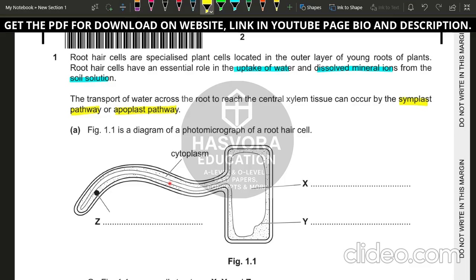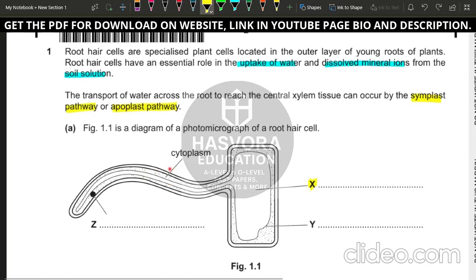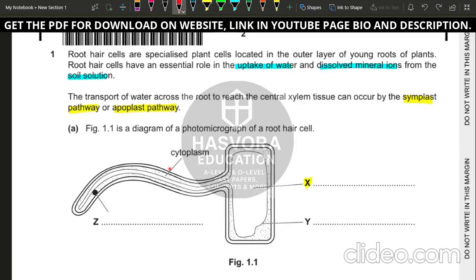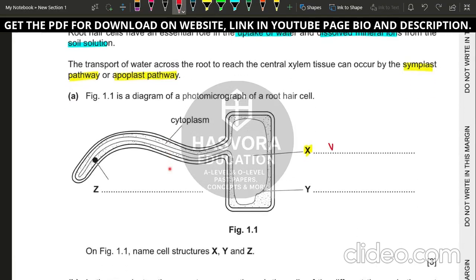So first of all, the X that we have is pointing towards this area, which is actually your vacuole, but some of the students might confuse it with the contents of the vacuole and might write it as sap vacuole, but here they are asking you the cell structures. Okay, so this is your vacuole.